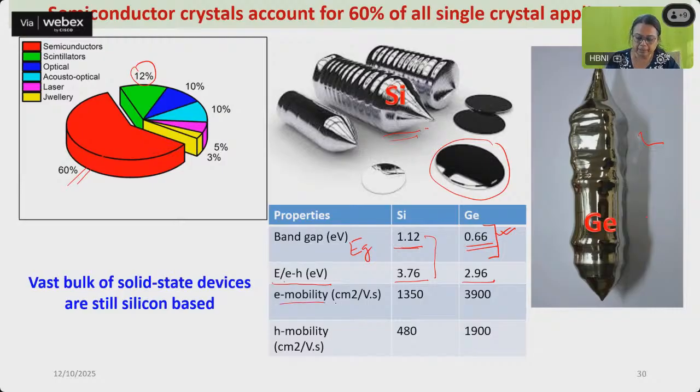Now electron mobility and hole mobility. Electron mobility in germanium is much higher than in silicon, and similarly hole mobility in germanium is also very high. We saw the E-K curve, right? Remember, I told you that if you have two semiconductors with two types of curvature, for the flat curvature the effective mass is higher.